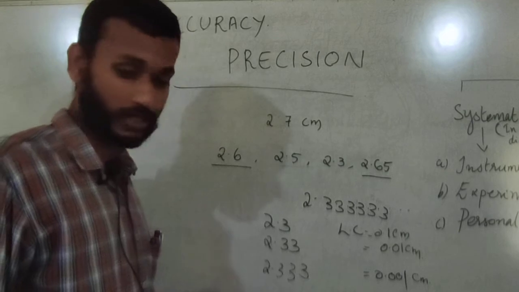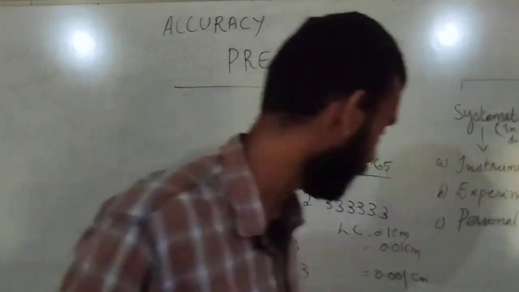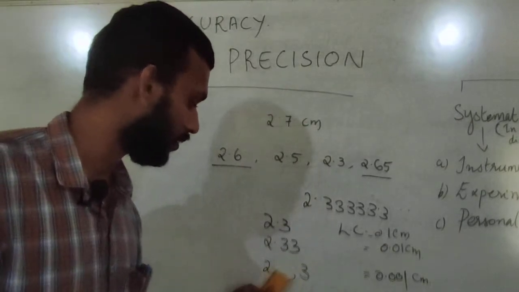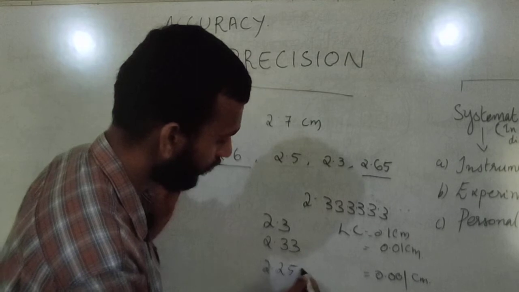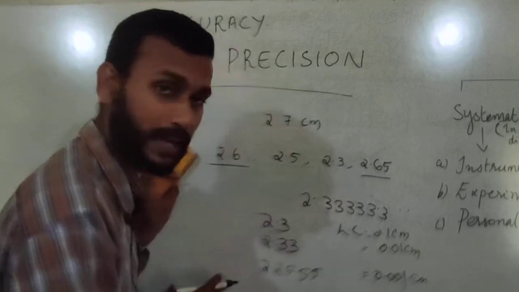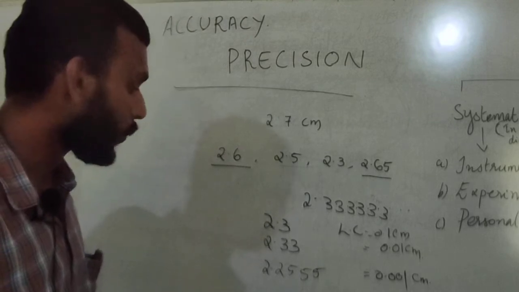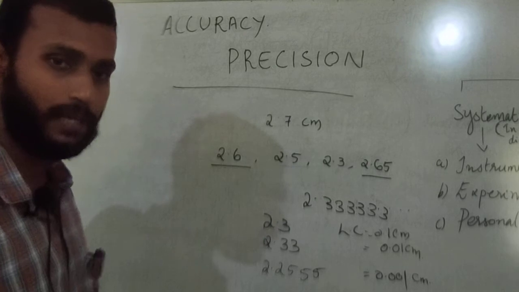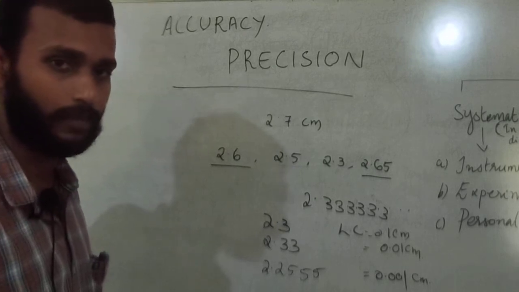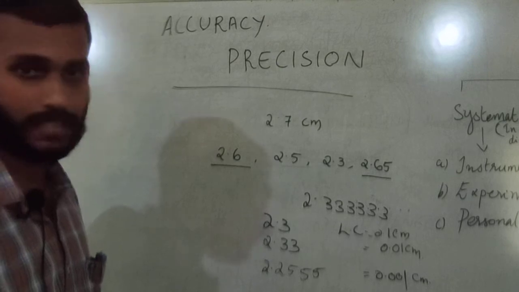Suppose instead of this 2.333, you obtain 2.2555, let it be like this. Okay. So the question is: which one will be the accurate value and which one will be the precise value?